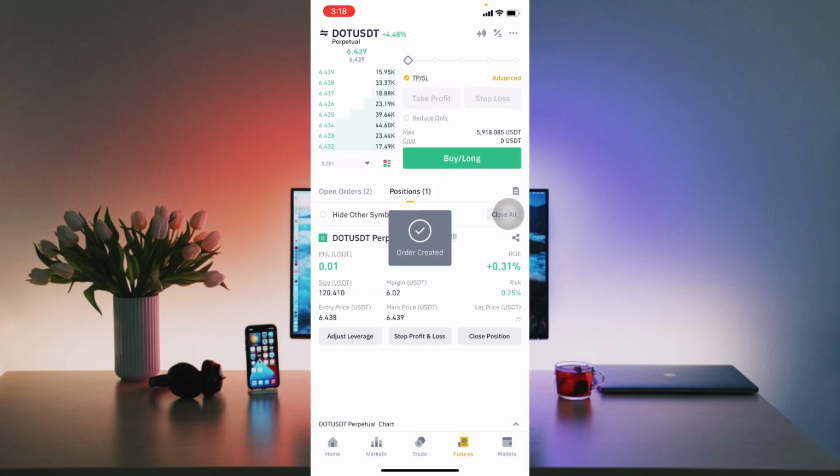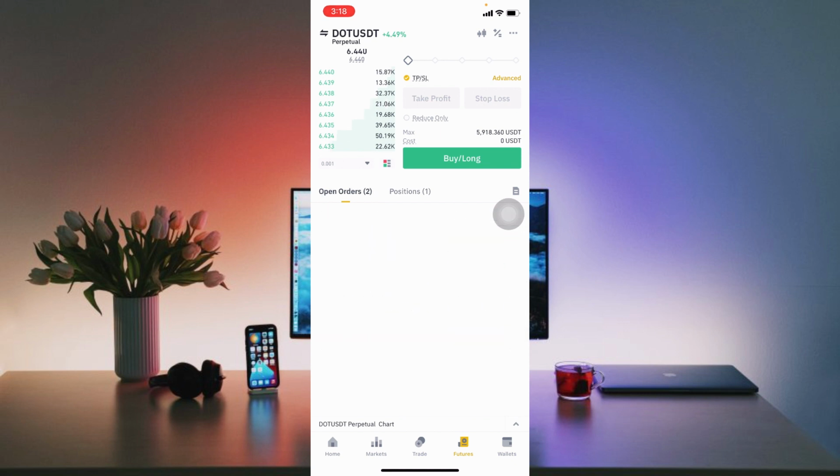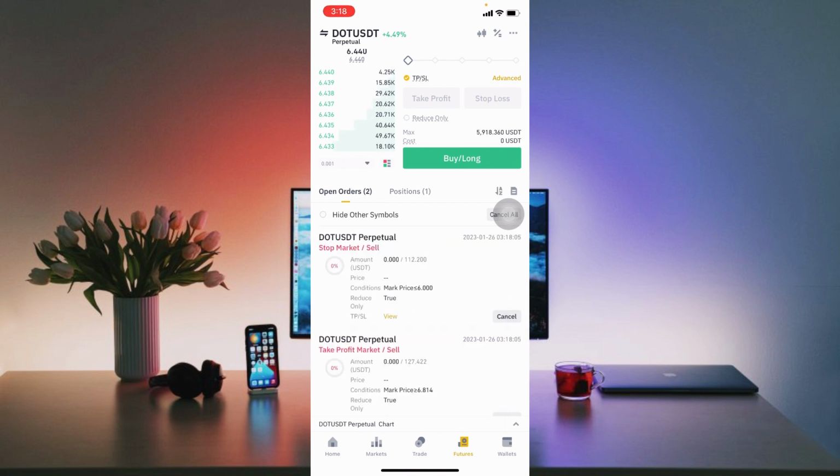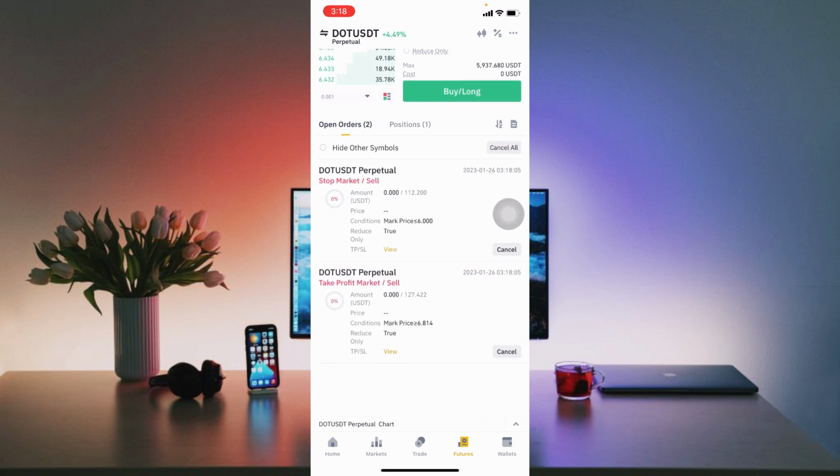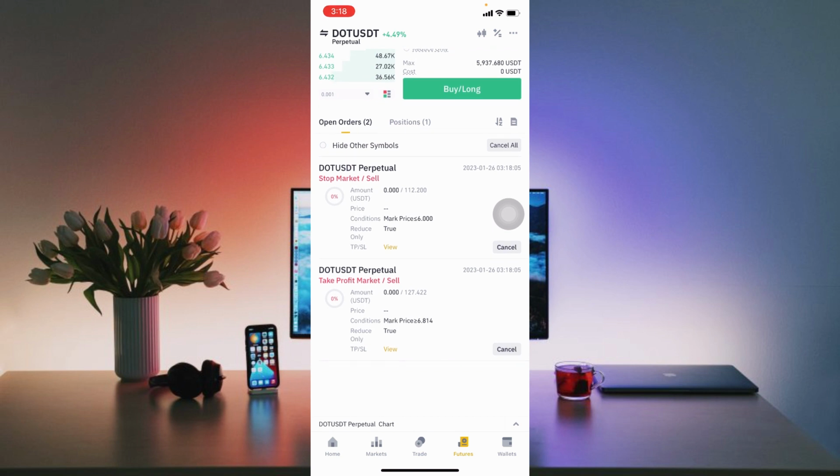So I just bought USDT perpetual, and what I want you to observe is we have two open orders. USDT perpetual sell, that's our stop loss.